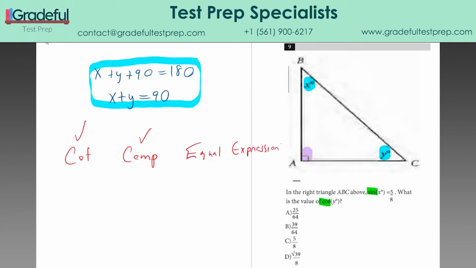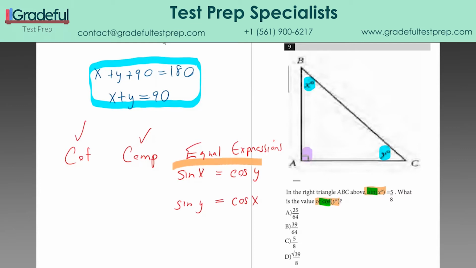And what that means in this situation is we'd be allowed to say that the sine of x equals the cosine of y. We'd also be allowed to say that the sine of y equals the cosine of x. Simply put, the sine of one of those angles is equal to the cosine of the other angle in whatever order. So the way they're asking it, it's the sine of x and the cosine of y.